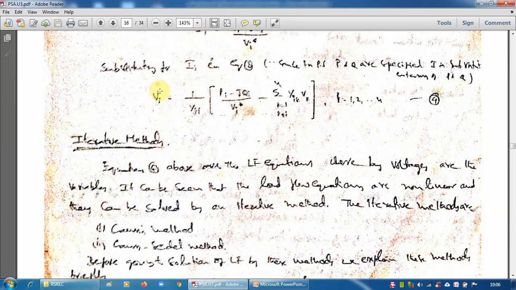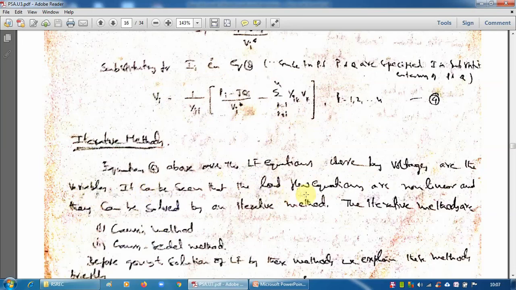So n number of bus voltage equations. All these n equations are called load flow equations. This is the form of equations for the Gauss-Seidel method. This is for the Gauss-Seidel method, you remember, where there are n such equations where bus voltages are all the variables.